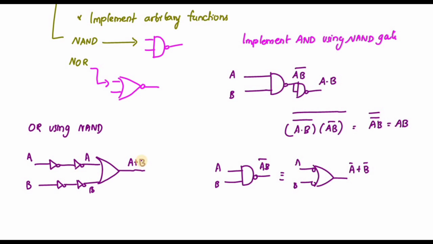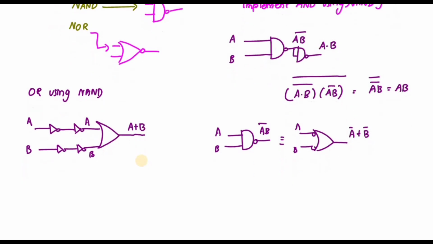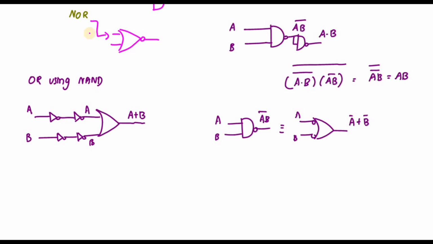Now I can convert this one into a NAND gate because this is similar to that one, and for the NOT gate, I can construct it like this. I'm going to redraw it like this.